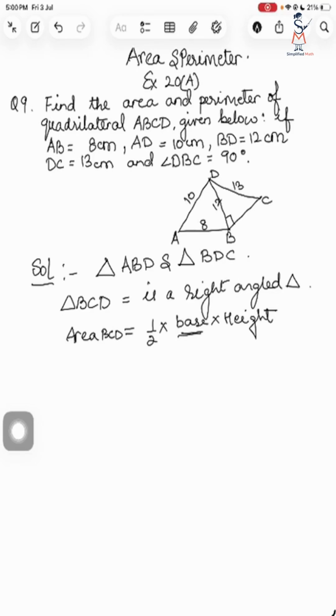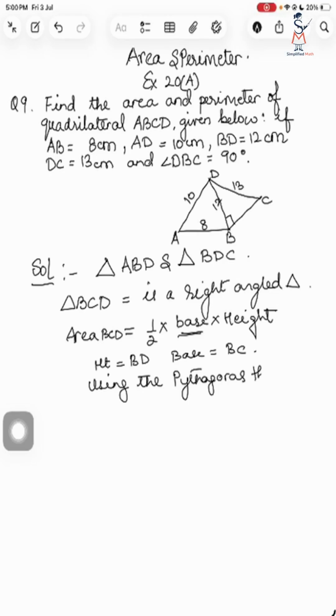Base is BC and height is BD. We have the height but we don't have the base BC. So using the Pythagoras theorem, we will find the base BC, because it is a right angle triangle.